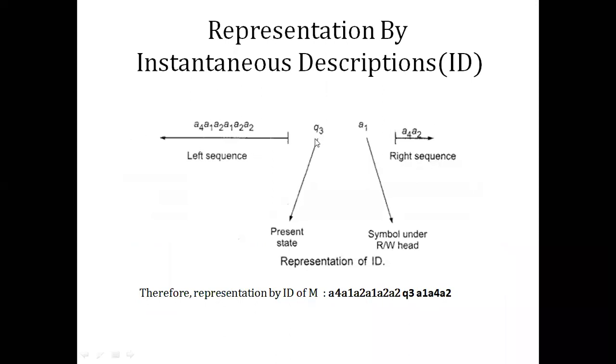We write everything on the left hand side of A1 towards the left of the ID, then we mention the state, and after the state, whatever is the leftover string which is yet to be processed is written, where the first symbol after the state shows the current symbol under the read write head. Likewise, you can describe all the moves. So if you're asked to simulate a Turing machine on a particular string, you can simulate it with the help of these instantaneous descriptions.